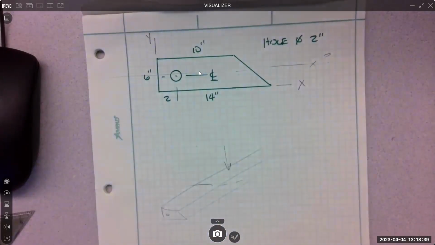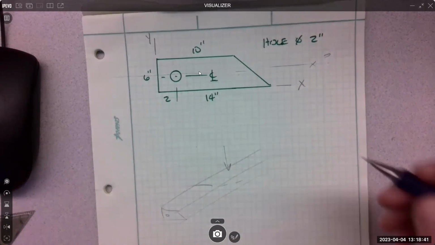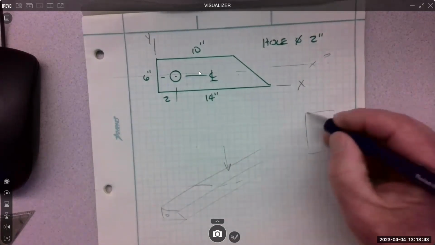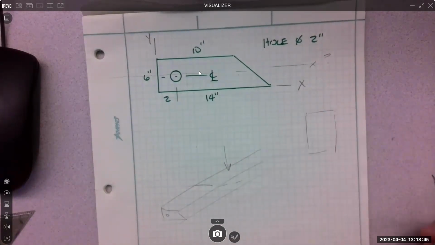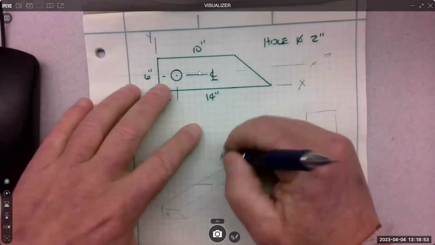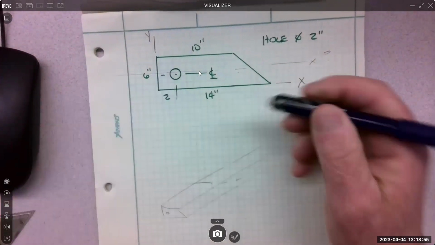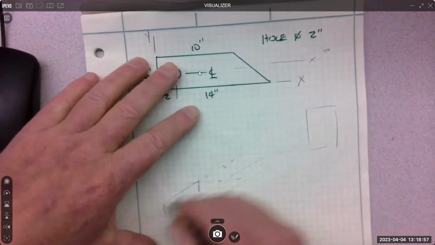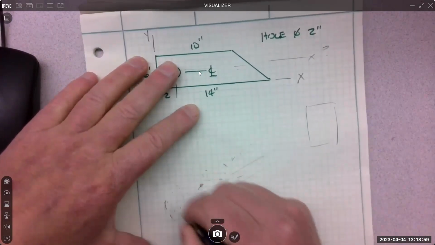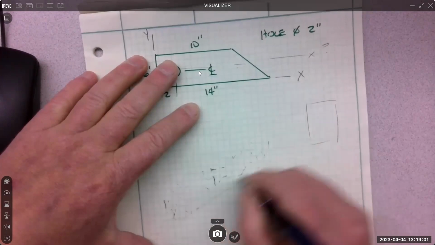If it was a 4x6, you slice the beam, it looks like a rectangle. Super simple. But this thing is some extruded part, and we're going to make a beam out of it. Why are we doing this? We need this number, we have to be able to do it.